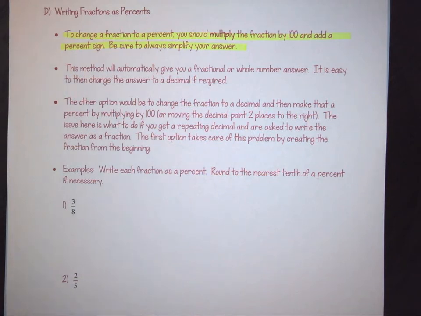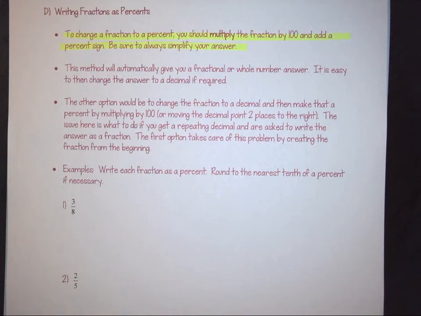So you will automatically be given a fractional or a whole number answer. However, the other option that we have would be to take your fraction, change it to a decimal, and then go from your decimal into a percent using your multiply by 100 method. So either way would work.